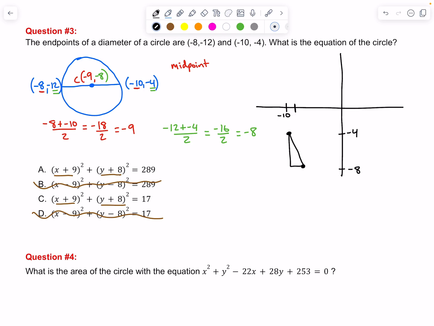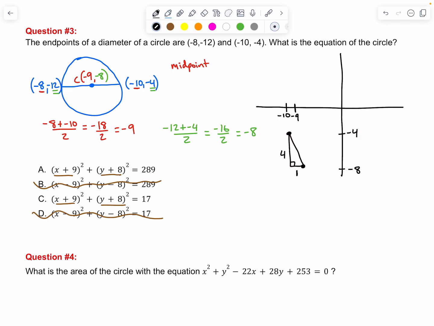Then I'm going to create a little right triangle. And I know if that's -10 and that's -9, the side of my little triangle down there would just have a length of 1. And then between -4 and -8 is how far this side would be, so it has a length of 4.